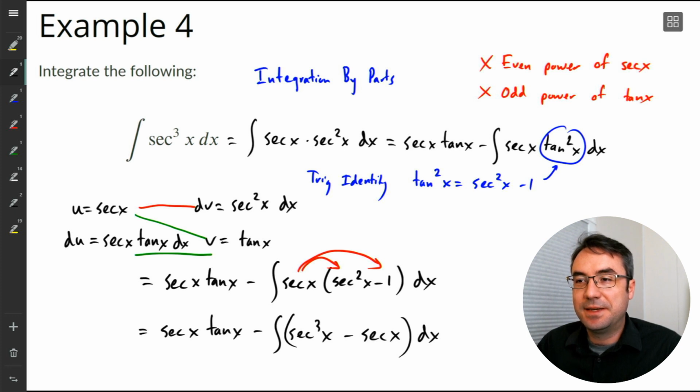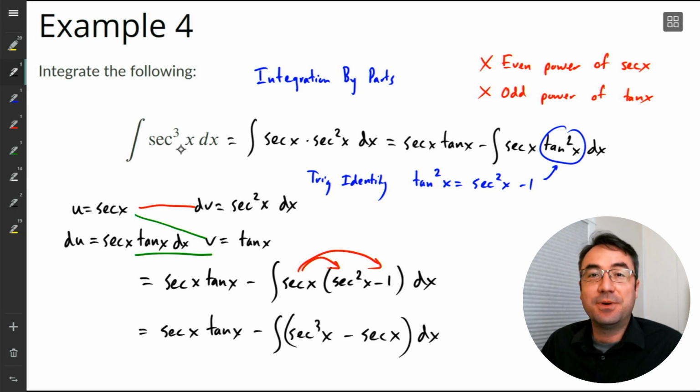Well, it looks like we're back where we started. So we have the integral of secant cubed here. That's the one we're trying to do. We did all this work. We're going in circles, it feels like. We did integration by parts. We got this integral that we still couldn't do, or at least we didn't have a real strategy for doing.